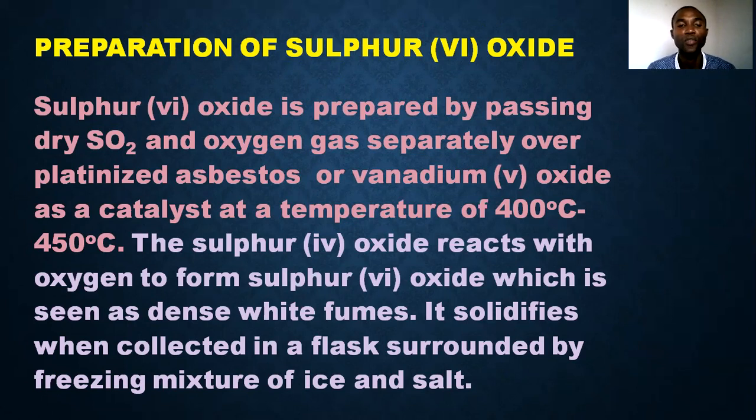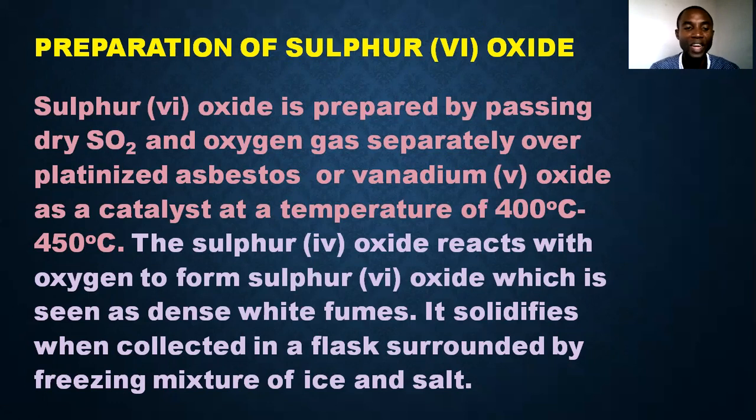And this sulfur 6 oxide is prepared by passing dry SO2, which is sulfur 4 oxide, and oxygen gas separately over platinized asbestos or vanadium 5 oxide as catalyst at a temperature of about 400 degrees Celsius to 450 degrees Celsius.